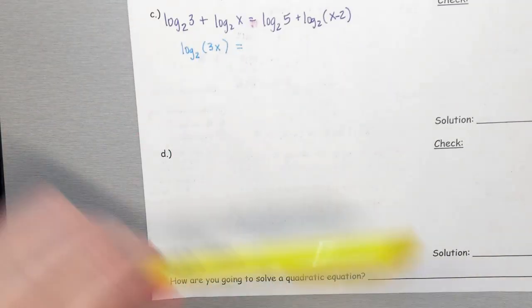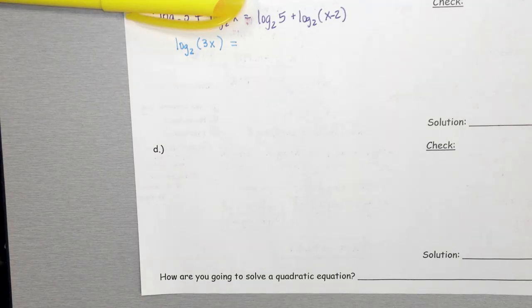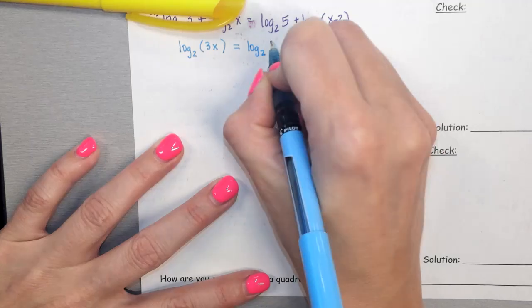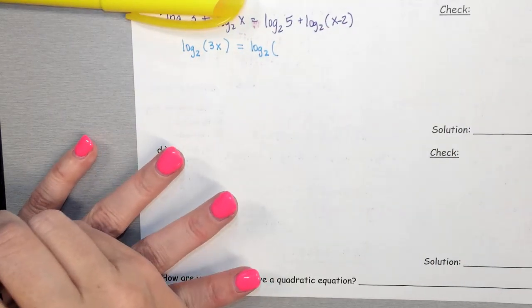Based on that, can you simplify this side over here using the law of a log? Okay, so if you multiply these together, 5 times x minus 2, you're going to have to do what?